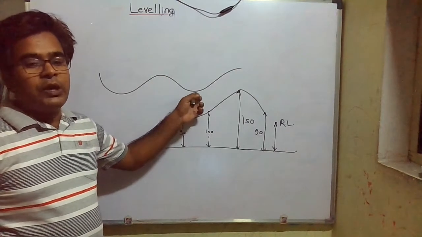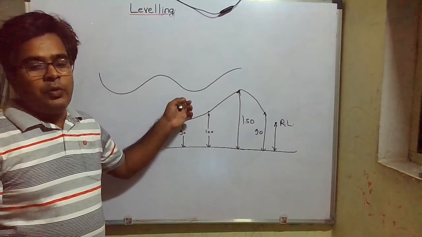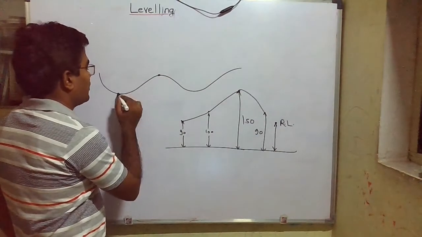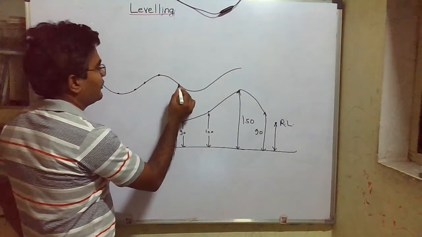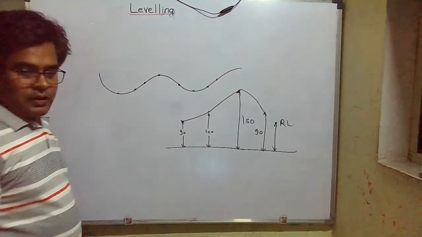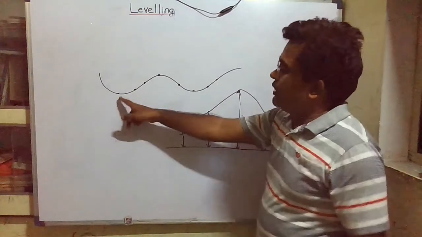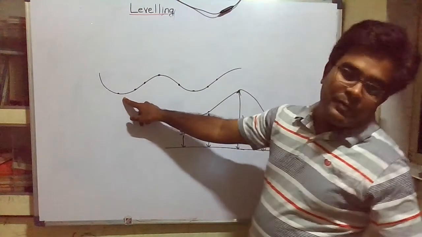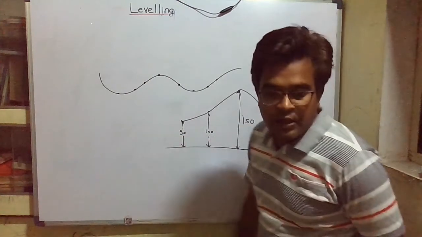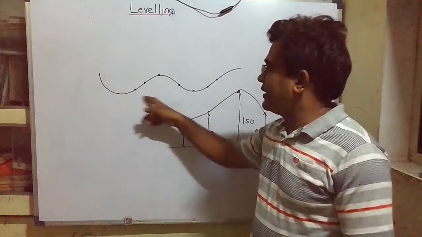So we come to know these undulations of the earth surface by knowing the RL of different points, that is, their vertical distance from some datum.